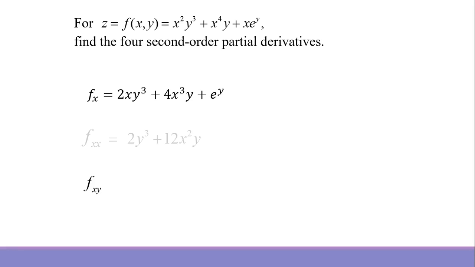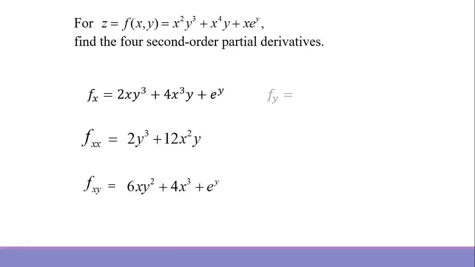So the derivative of 2x y to the third is 2x times the derivative of y to the third, which is 2x times 3y squared, or 6xy squared. The derivative of 4x to the third y is just 4x to the third. And the derivative of e to the y is e to the y. So we have two of our second-order partial derivatives.